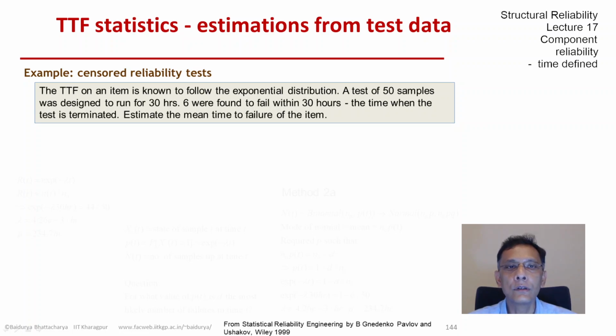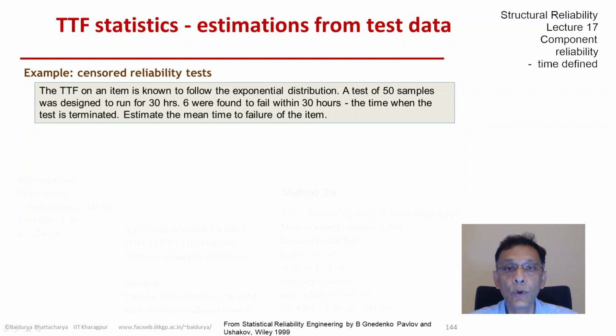When we talk about a censored test, a very common way to do that would be to have a predetermined duration of the test. So we will not wait for all the items to fail. If that predetermined duration is exceeded, we will stop the test.